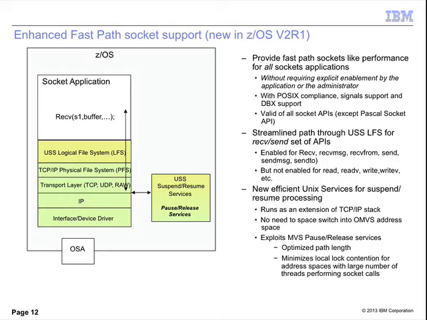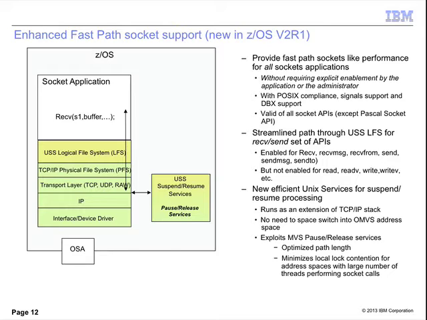So if you look at this picture now, we've replaced that box on the right with new suspend resume services from USS. They've written these in such a way that they run as an extension of our TCPIP stack, and we no longer have to space switch into the OMVS address space, but we still retain the ability to process Unix signals.